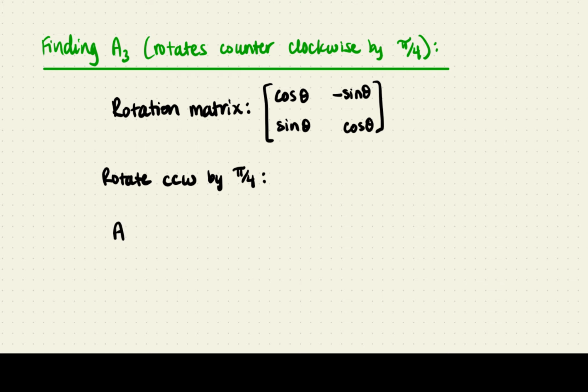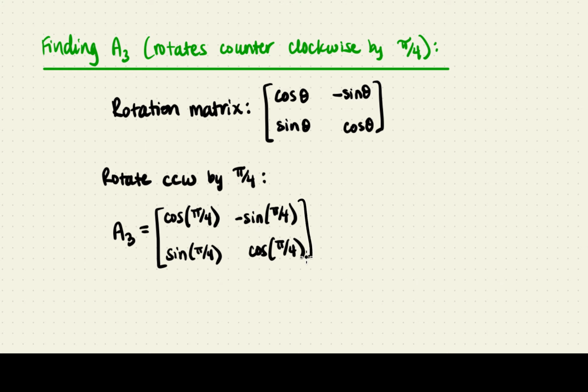So my matrix A3 is going to be cosine pi over 4, negative sine pi over 4, sine pi over 4, and cosine pi over 4. And if I evaluate all of those, I get square root of 2 over 2, negative square root of 2 over 2, square root of 2 over 2, and square root of 2 over 2. And that's my matrix A3.